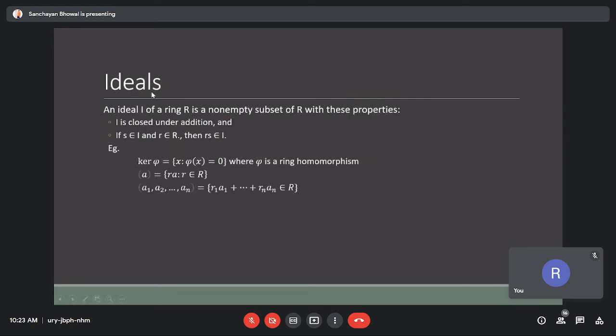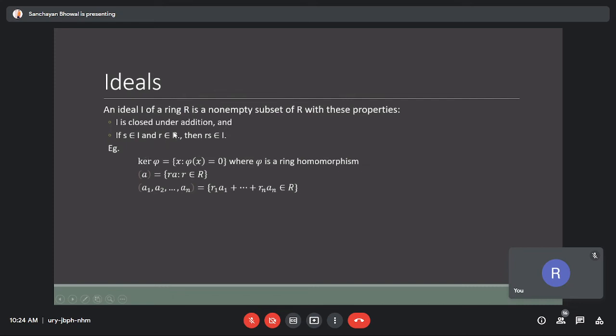Now, what are ideals? An ideal is an additive subgroup, a non-empty subset of R, which has the following property. If I take any element in the ideal, and I multiply it with another element in the ring, we get an element which is already in the ideal.